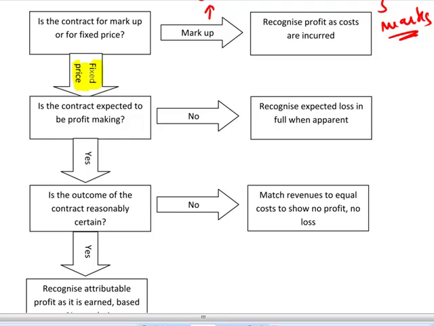So let's say I sign up for, I don't know, 22 million to actually build a terminal, an extension to the airport, okay? So in this case, it will matter exactly whether or not I will be able to keep the cost as per the initial estimation under the contract, because the revenues will not exceed the 22 million which I just made up.